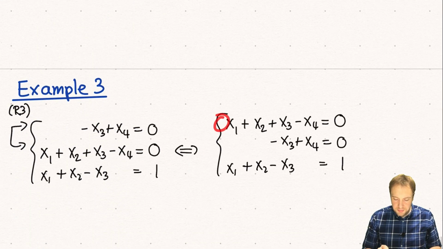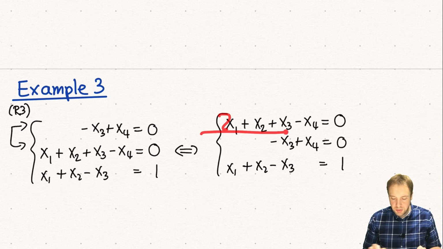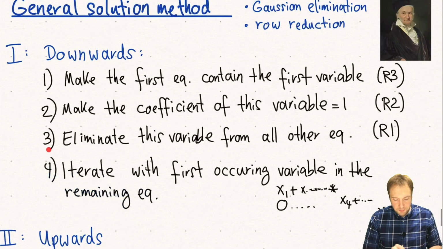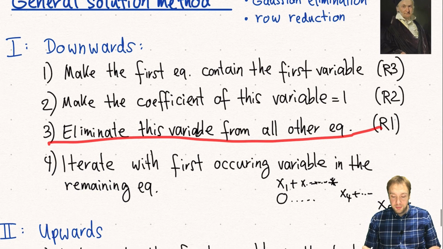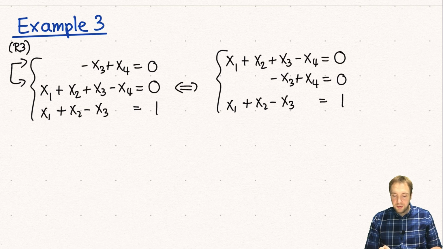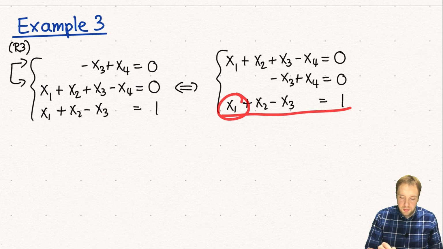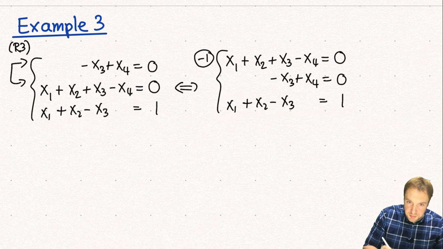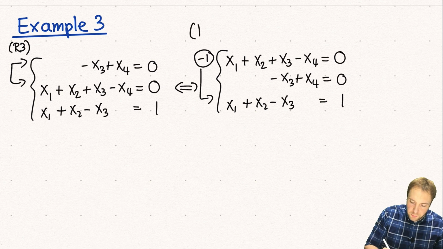Well, in this case here there's a 1, so we don't need to do anything, but if there would be a 2, then I would just multiply this equation by 1/2. Third step, eliminate this variable from all other equations. So I want to eliminate x1 from the rest. So here's no x1, so I don't need to do anything, but here's an x1. So I want to take this equation times -1 and subtract it from there. So this is row operation R1.